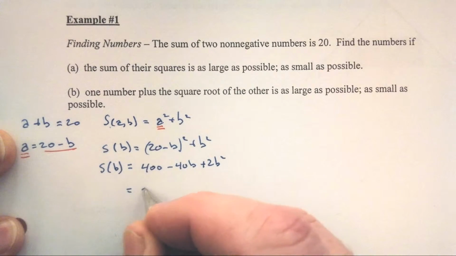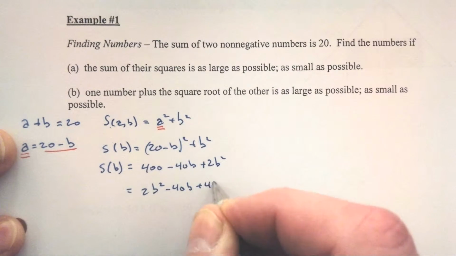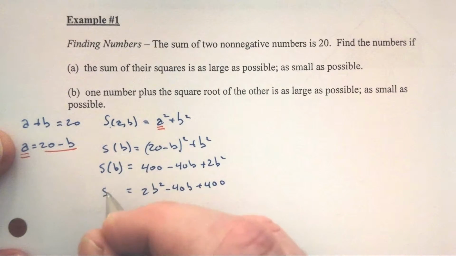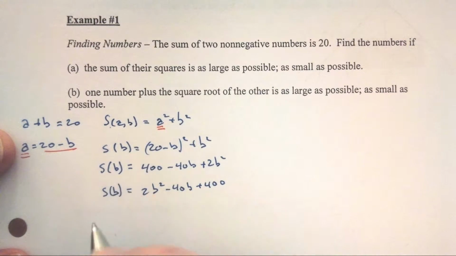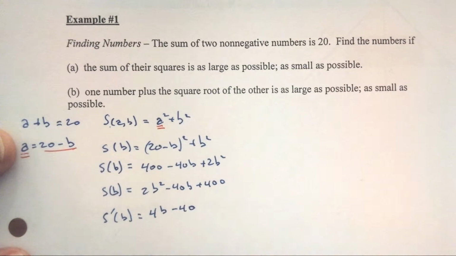Or I get 2B squared minus 40B plus 400. Okay, so that is our sum of the squares just based on B. The first derivative of that is simply 4B minus 40.